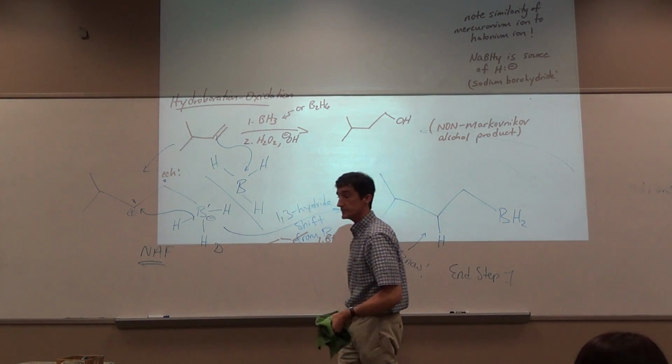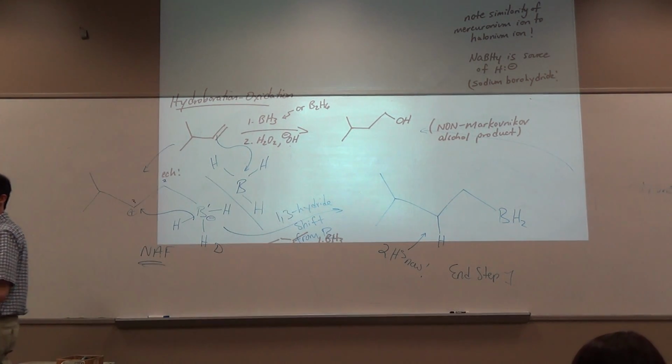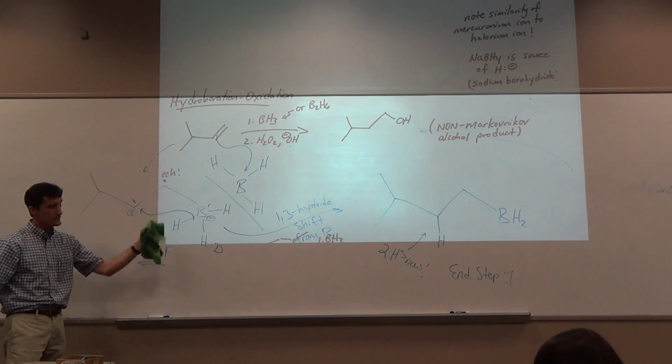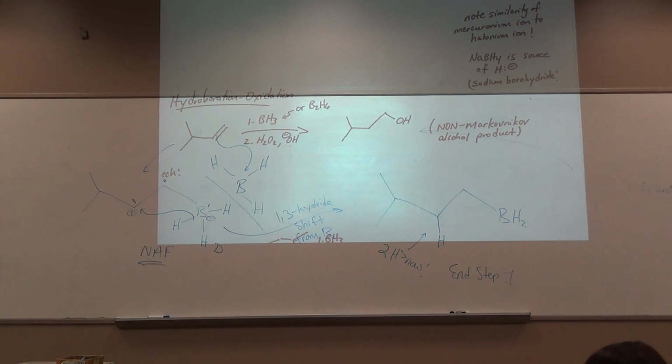We don't have time usually to talk about how mechanisms were developed and proven, but those are all great questions. By the way, H.C. Brown at Purdue was one who really came up with the boron chemistry in the 1950s.